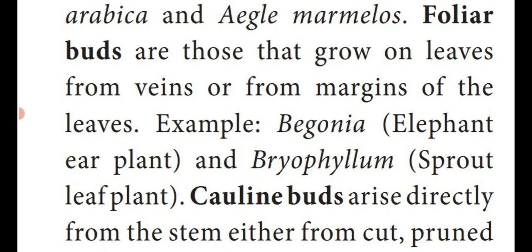And bryophyllum, the sprout leaf plant. At the margin itself, it produces another plant, isn't it? That process is known as vegetative reproduction by budding in plants. These foliar buds give rise to a new bryophyllum plant.